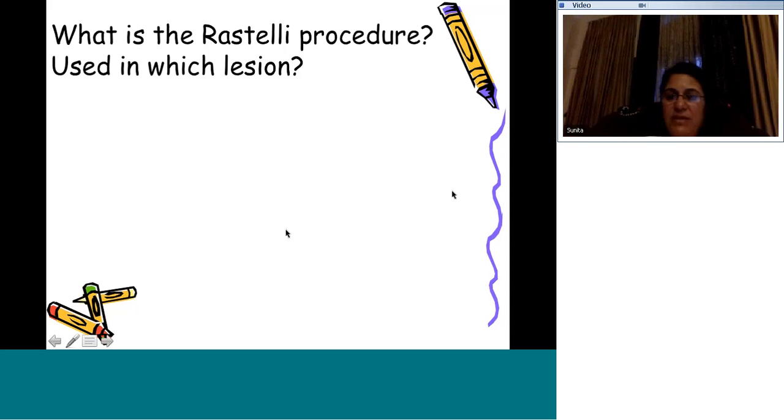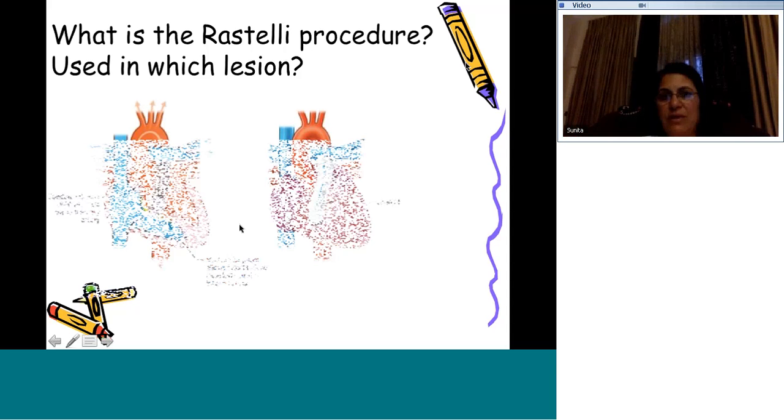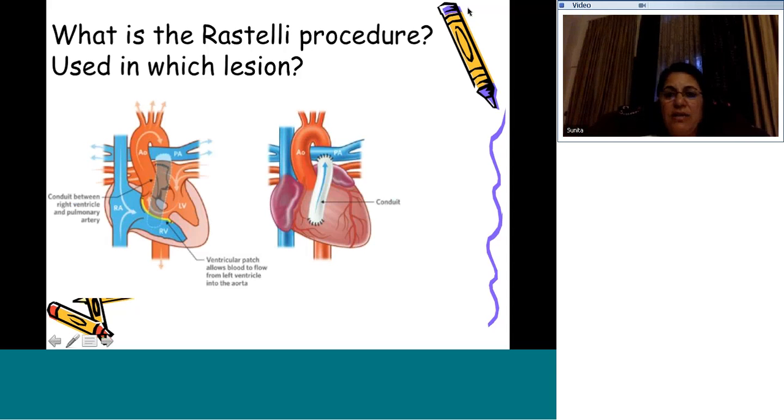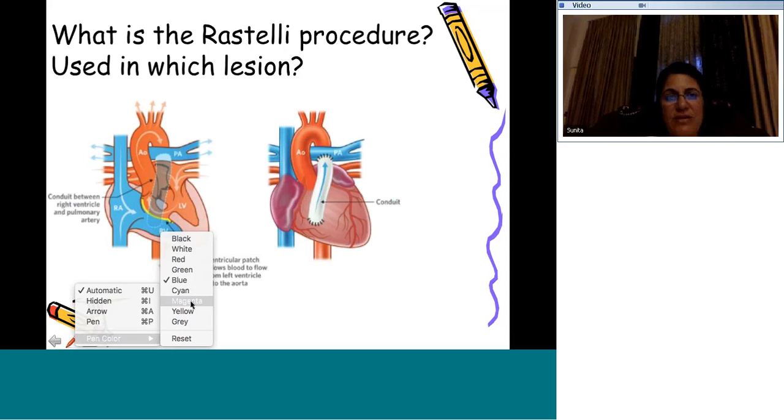DORV, VSD, PS, TGA, VSD, PS. So typically in TGA, VSD, PS, you're going to connect up your LV to the aorta. So yes, I guess you could call it in truncus. I mean, typically truncus, yeah, you could call it Rastelli. That's also fine.